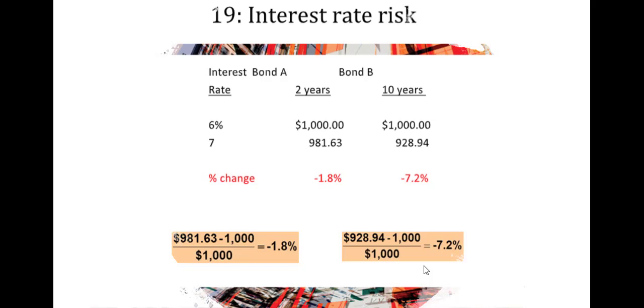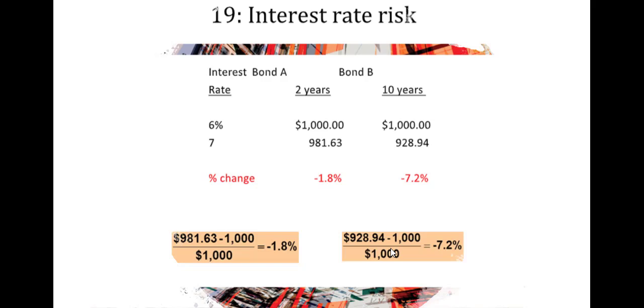So it means that when the market rate is increased to 7%, the bond price falls, just as you would expect. The short-term bond lost less of its value than the long-term bond. This is due to the effect interest rates and time have on the present value, which you've studied in the chapter on time value of money.